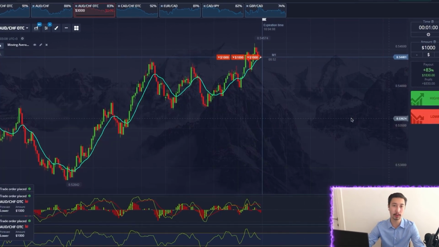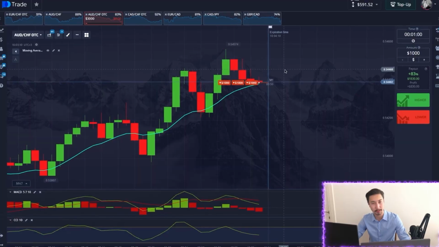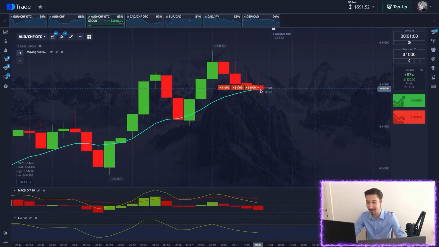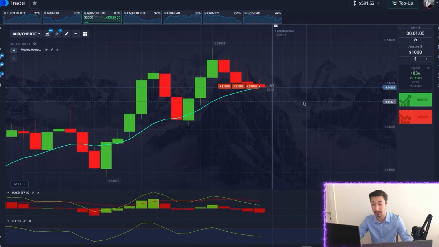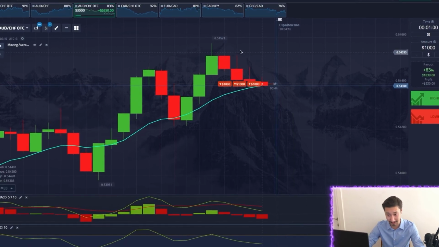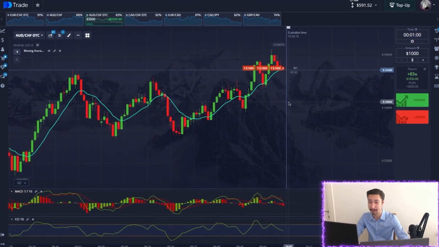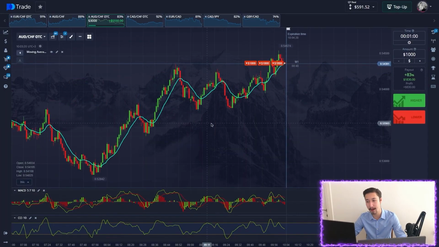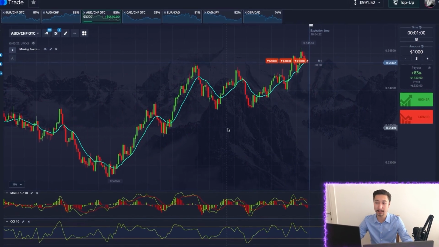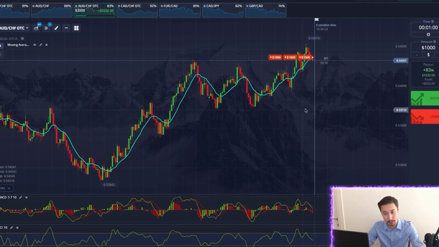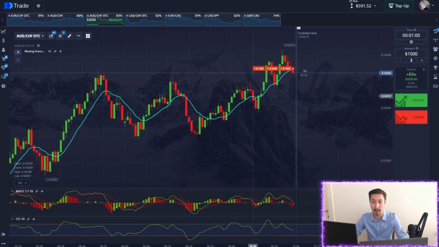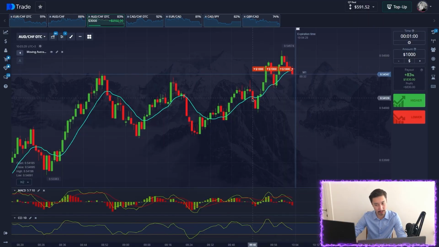Okay, here we open three short positions. I'm sorry. Immediately as we see the intersection of the moving average, we open according to the signal, right? In general, yes, we see upward dynamics, but our rollbacks are serious.